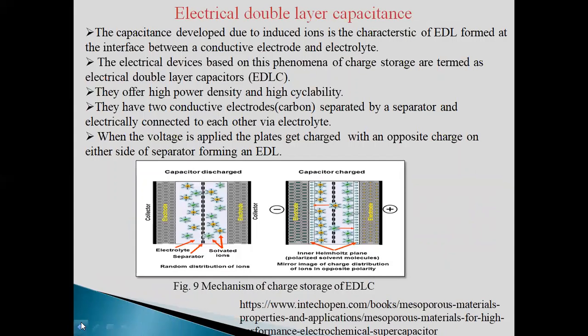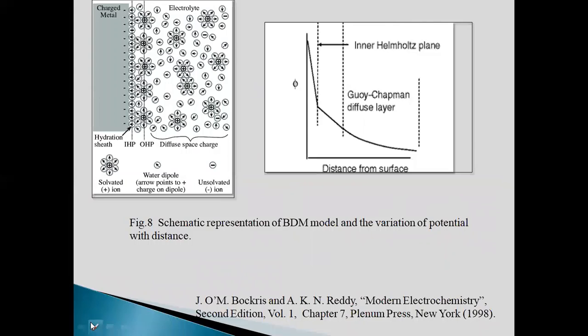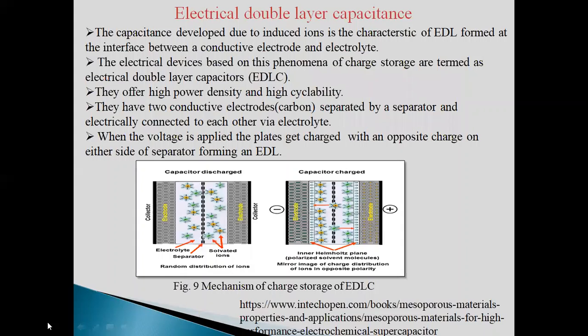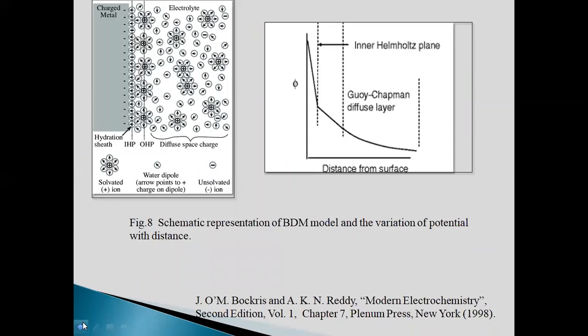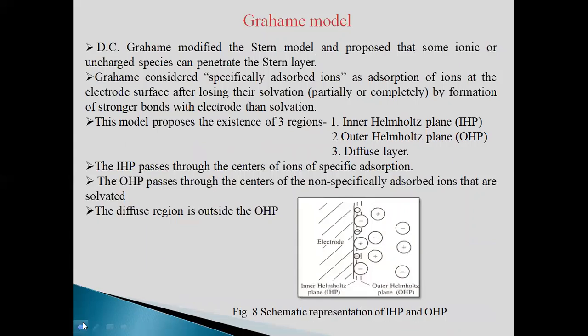Stern model was able to explain the electrocapillary curve much better than the Gouy-Chapman model. So another model that came into existence was the Graham model.